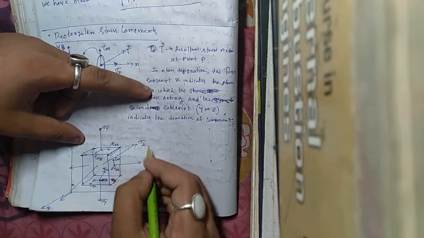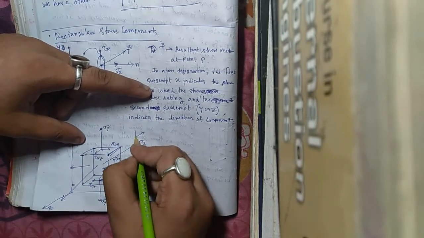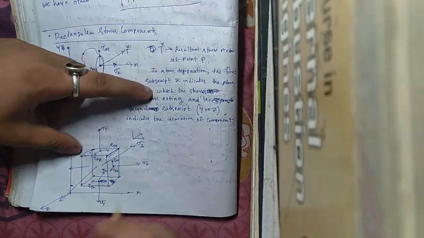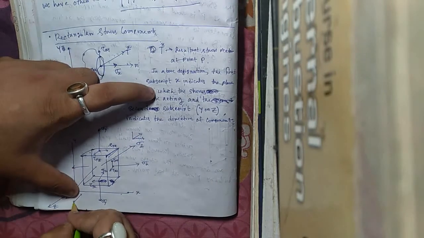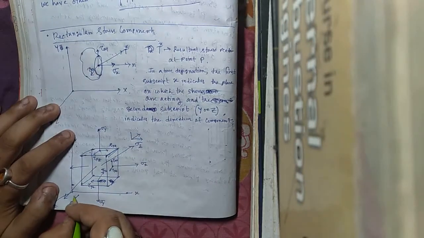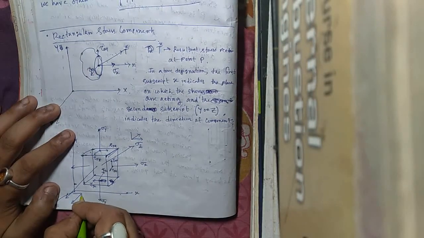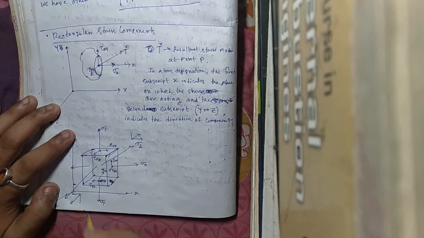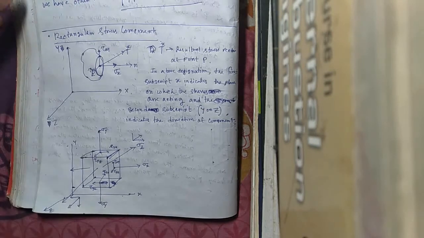So this component is sigma z. For simplicity I write it in this place.